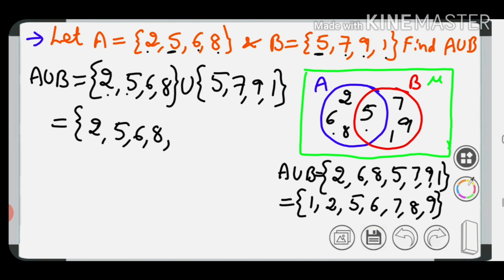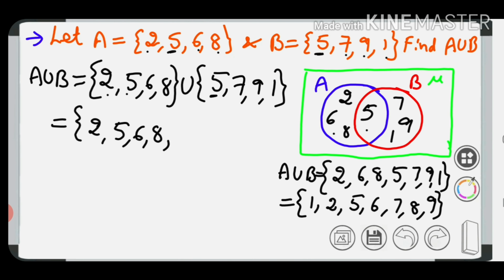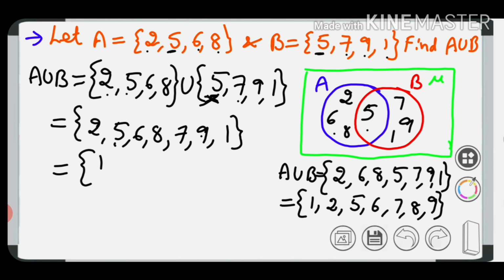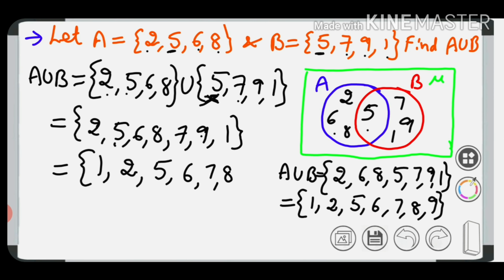After that, the B elements you have to write. When writing B elements, just observe whether they are already placed in the set or not. For example, 5, we already wrote 5. No need to write it once again because there is no repetition in sets. So 5, no need to write once again, and 7, yes, you have to write 7, 9 and 1. Now arrange them in order. So 1, 2, 5, 6, 7, 8 and 9.